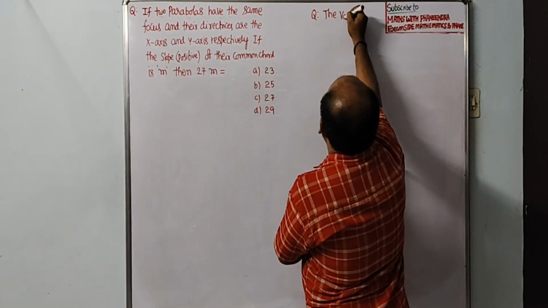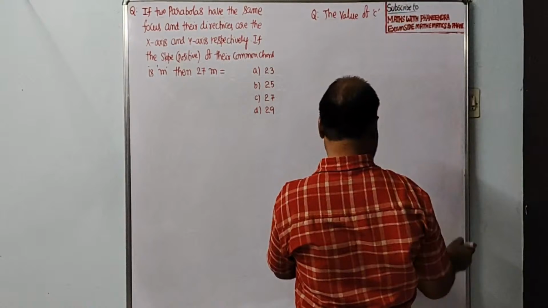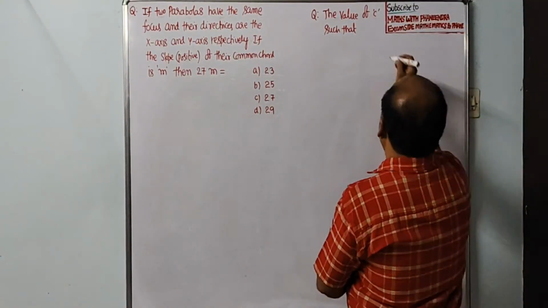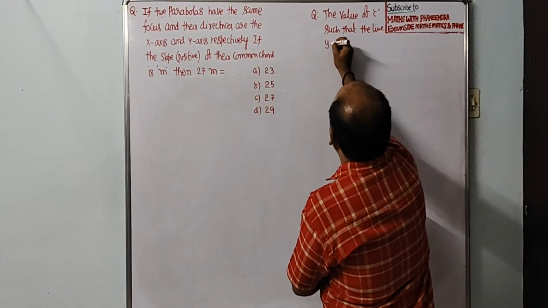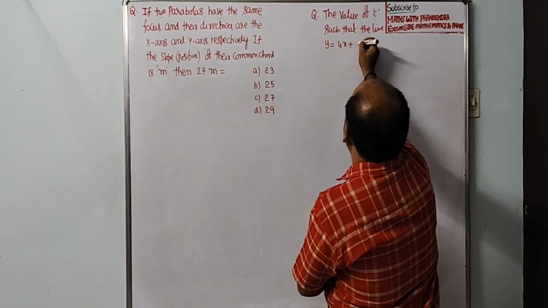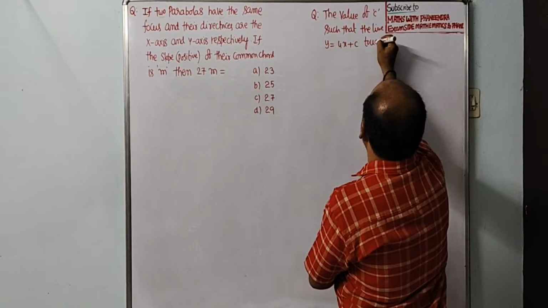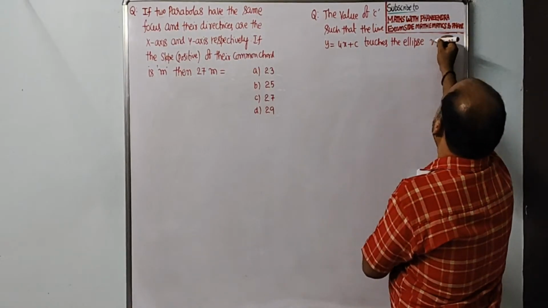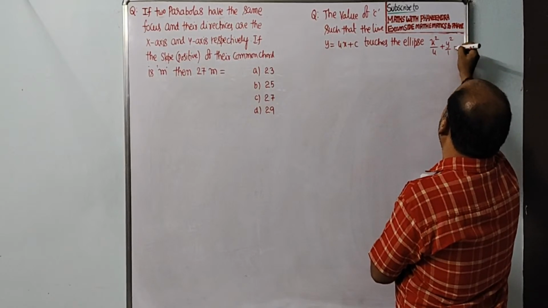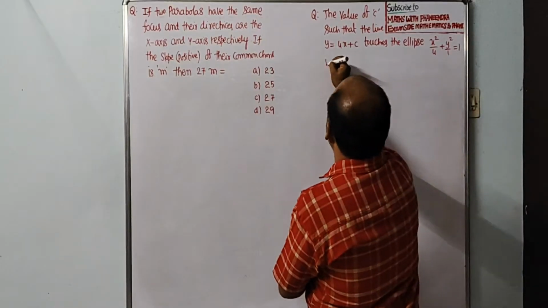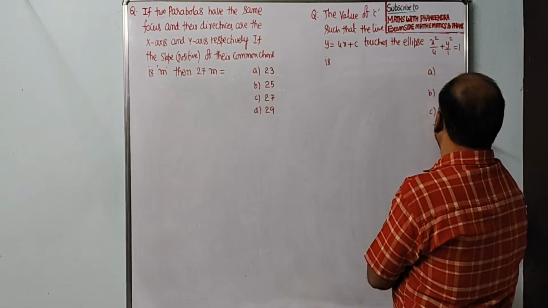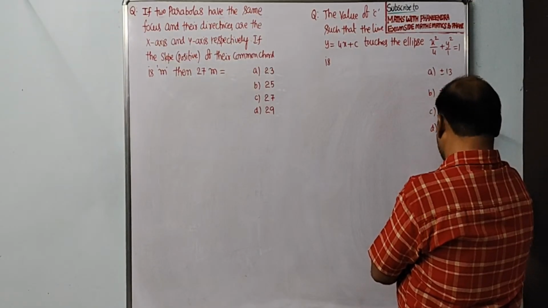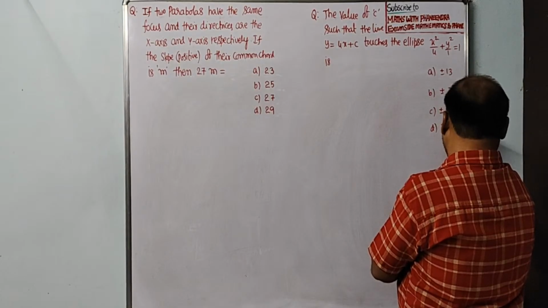The value of C such that the line y is equal to 4x plus c touches the ellipse x square by 4 plus y square by 1 is equal to 1 is, so here also options: plus or minus 13, plus or minus 7, plus or minus root 74, plus or minus root 65.